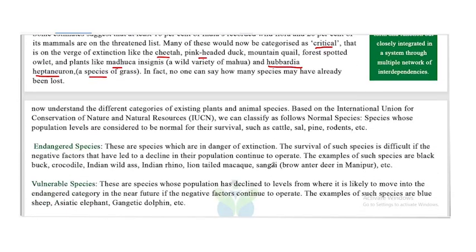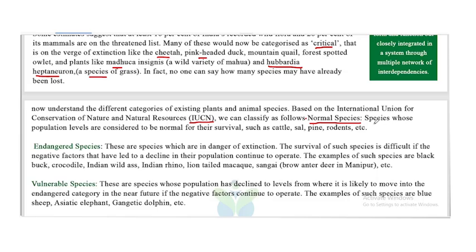Now understand the different categories of existing plant and animal species based on the International Union for Conservation of Nature and Natural Resources, that is called IUCN. We classify the existing plant and animal species as follows. First one is normal species.